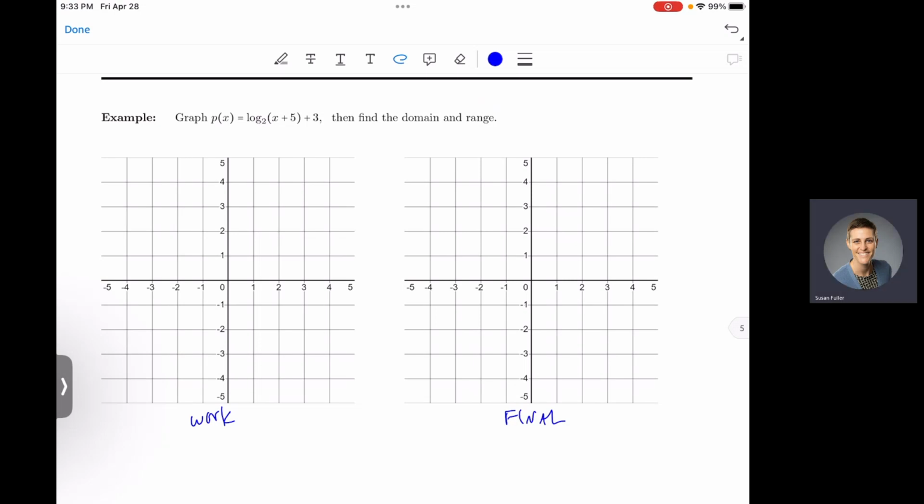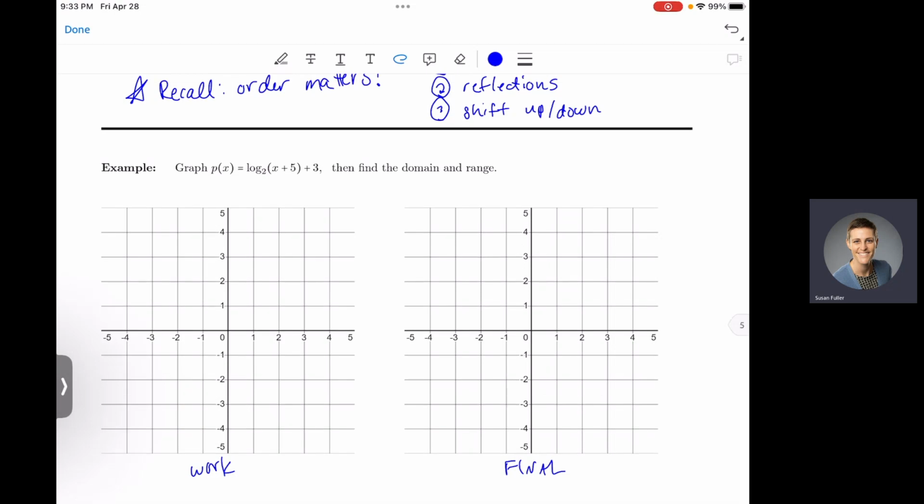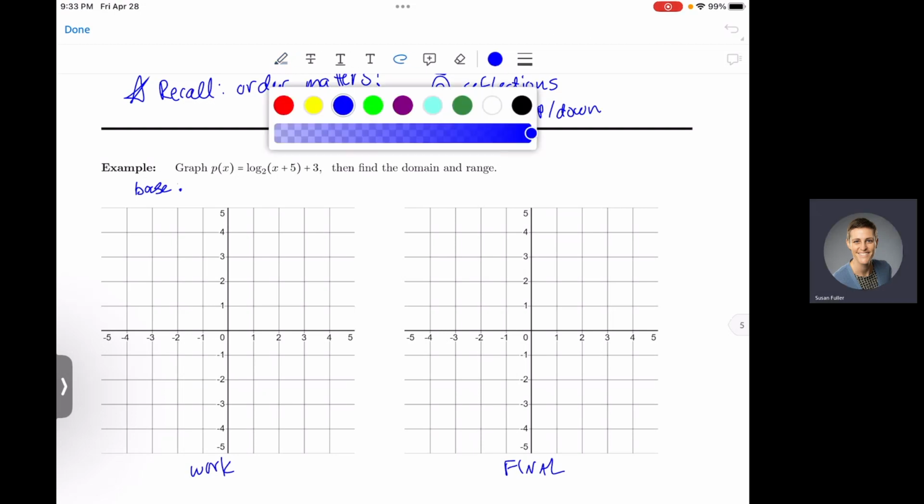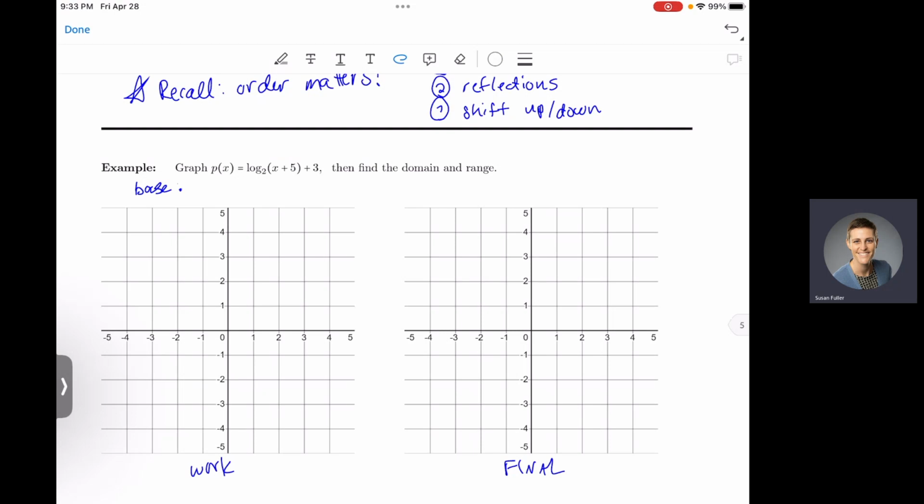Okay, so we've got some transformations happening here. But what's our graph going to look like? What's the shape of it going to be? We have to figure out what the base of our graph is going to be. Now, if we cover up anything that causes a transformation, so for instance, this plus 5 inside, that causes a transformation, so let's cover that up.